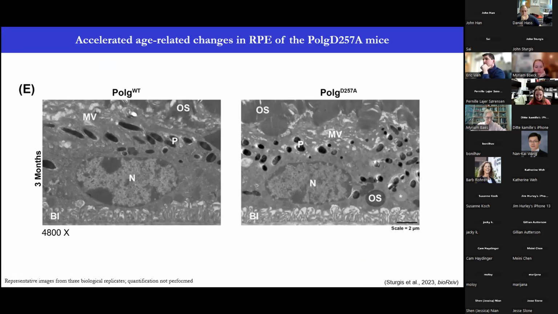In hopes that we could figure out what these granules were, we performed electron microscopy of wild type and the D257A RPE, and we noticed a lot of different things. Nothing that really indicated exactly what the granules could be, but we did see that the mutant mice seem to have more disorganized microvilli in the RPE. They have disordered looking pigment. It's not very apically aligned like it's supposed to be. There are undigested outer segments near the basal layer of the RPE that we saw.